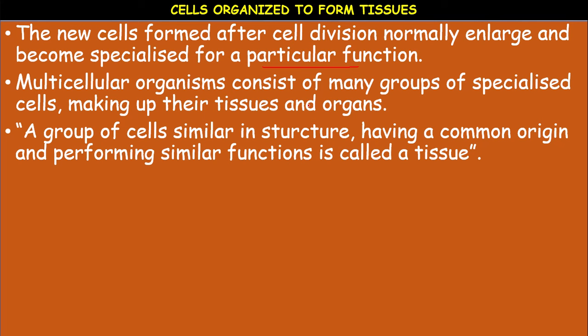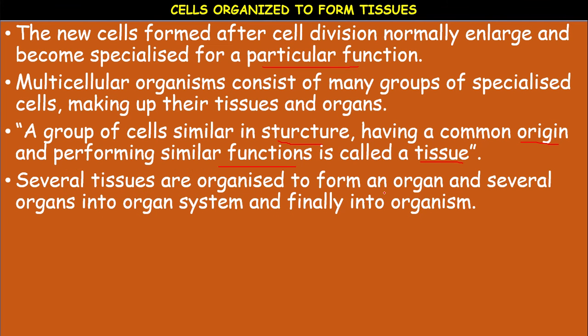A group of cells similar in structure, having a common origin and performing similar functions is called a tissue. What is a tissue? A group of cells similar in structure, having a common origin and performing similar functions. It is called a tissue.